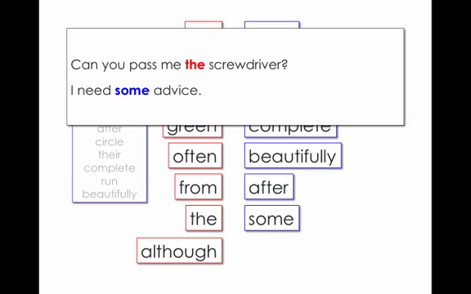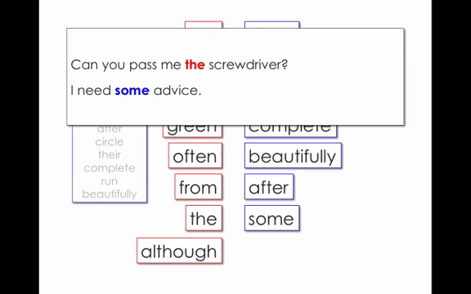If I say, can you pass me this screwdriver? It has a feeling, this sentence, that there's only one, or at least that you already know which one I'm talking about. Similarly, if I ask for some advice, I'm leaving it up to you to decide what the advice should be. I've got a problem, different people will give me different advice about the problem. I'm not asking for a particular piece of advice, but for any advice, for some advice or other.